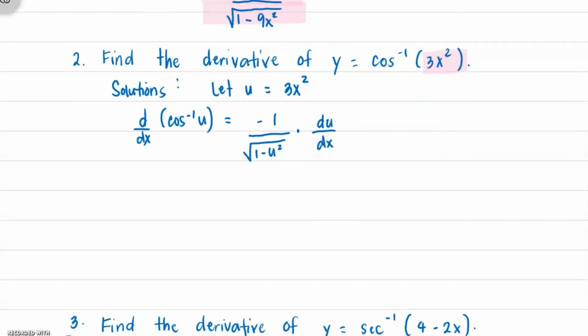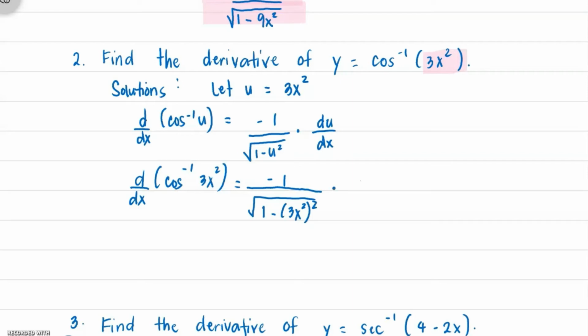Now we can start substituting u to our formula. So we have the derivative of arc cosine 3x squared with respect to x is equal to negative 1 over the square root of 1 minus u, which is 3x squared, squared, times the derivative of u, which is 6x.